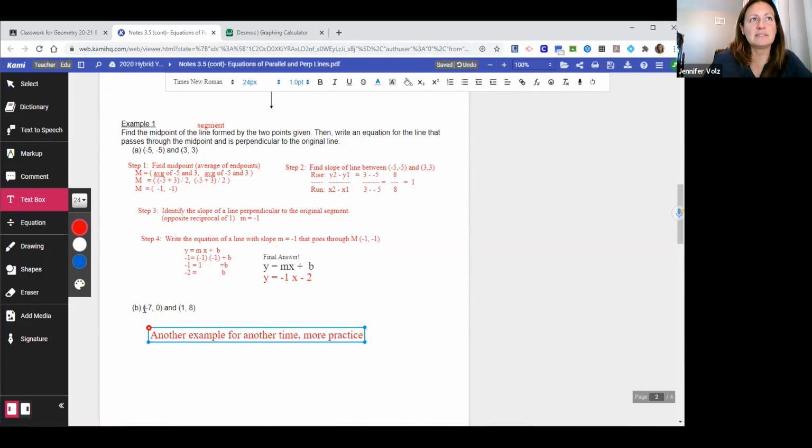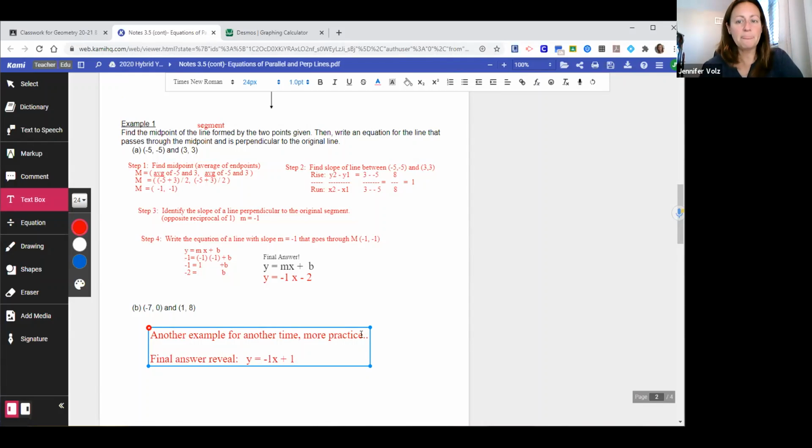It's just different numbers, okay? And you know what I'll do? I'll give you a reveal so that if you do try this to practice more on your own, the answer should come out to be y equals negative 1x plus 1. Okay, but same process as above.